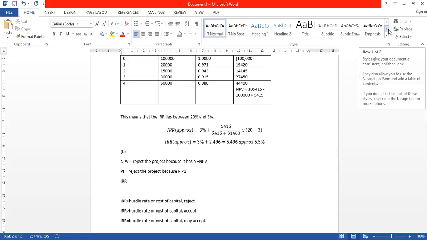Now, the IRR is the expected return. That's what the company is expecting to gain out of executing the project.